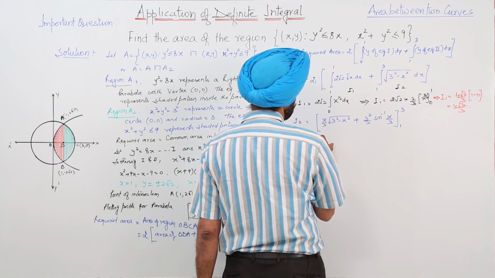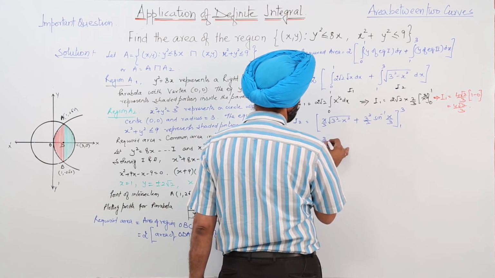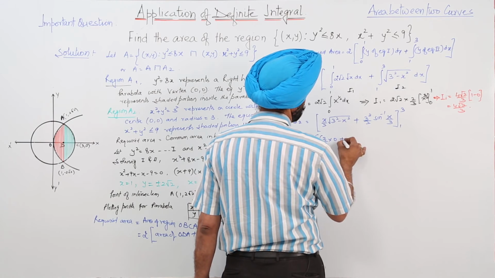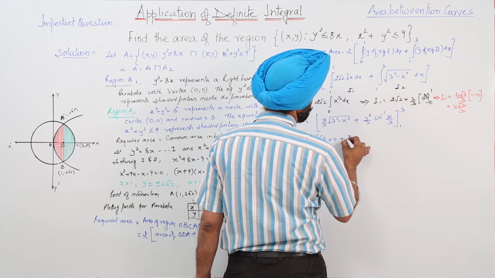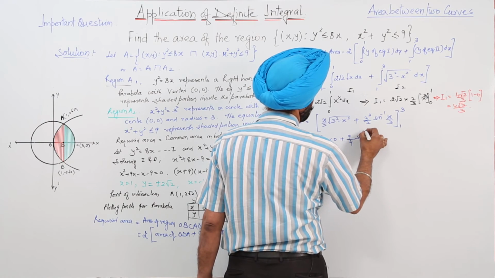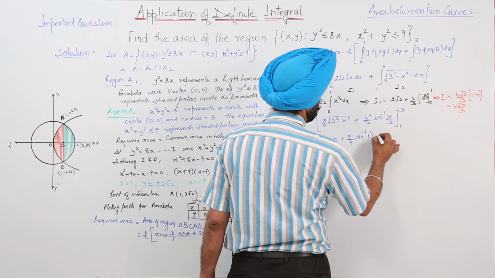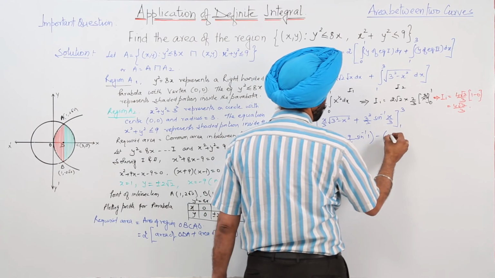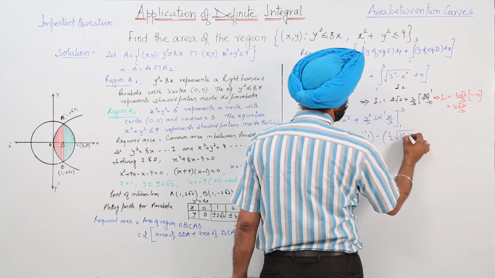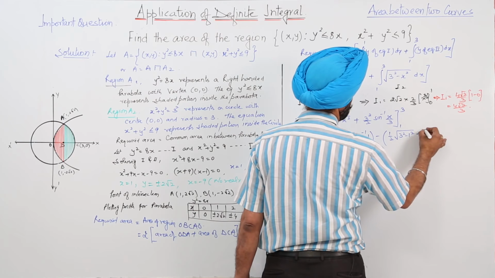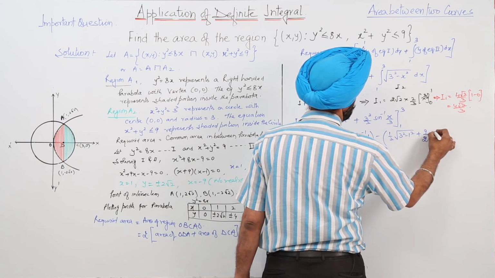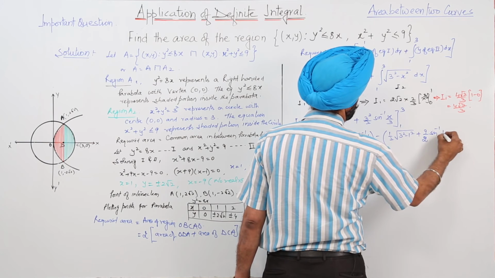So now this becomes 3 by 2 into 0 plus 9 by 4 sine inverse 1, minus 1 by 2 root of 3 square minus 1 square plus 9 by 2 sine inverse 1 by 3.